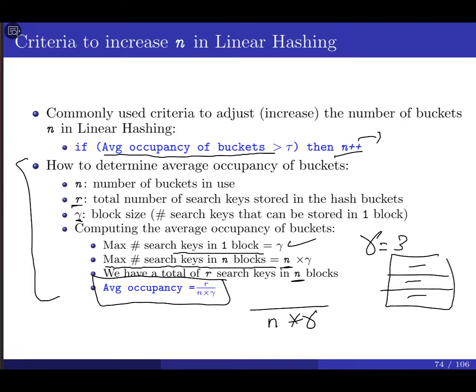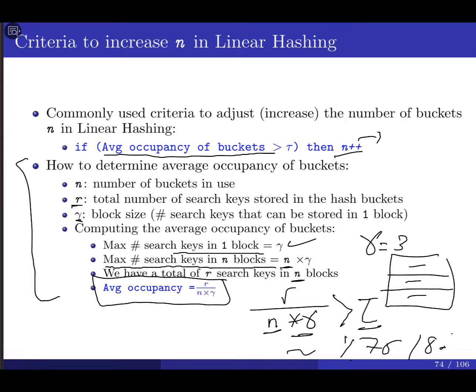You just need to compute how many buckets you have. If you have one that has overflow, it's going to be excluded. Okay? I will give you an example on the next slide. So you take R, the number of tuples or entries that you have, divide by the number of used buckets, the value of n, multiplied by gamma. If this is going to be greater than whatever tau is given, as an example, maybe I'm going to give you 75%, or 85, or 80%.